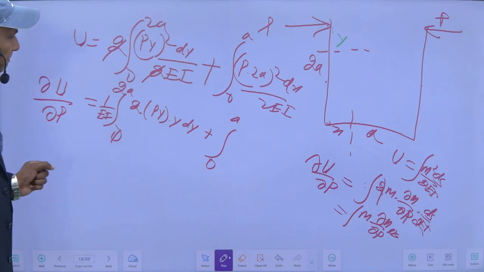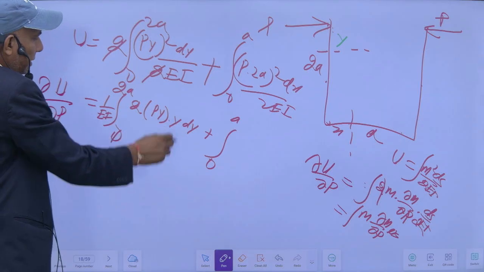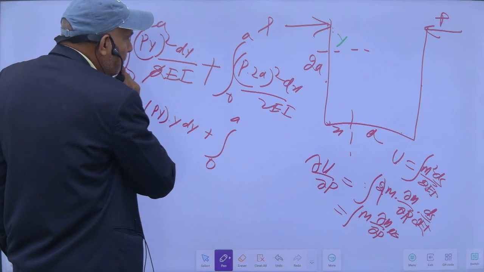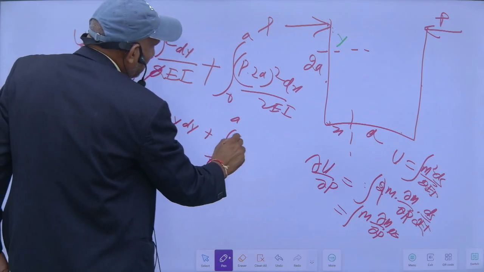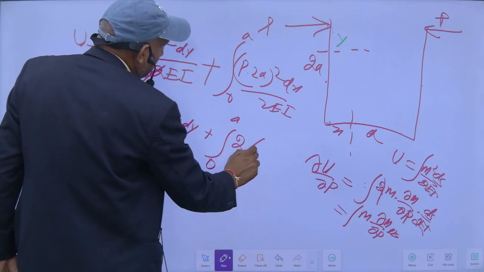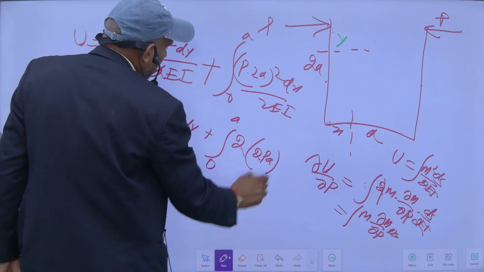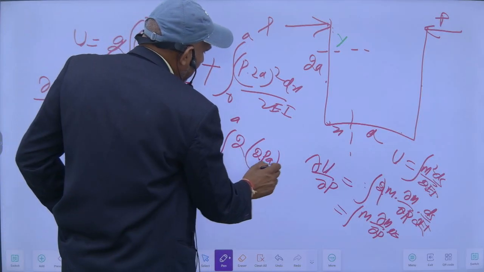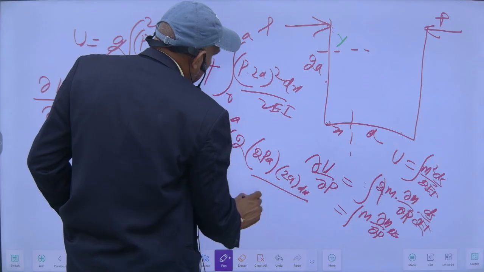So this will be partial derivative on this, derivative of this will be this one into coefficient of this, plus similarly this will become 2 into 2Pa, and coefficient of this P, coefficient of this Pa is equal to 2A, into dx upon 2EI.